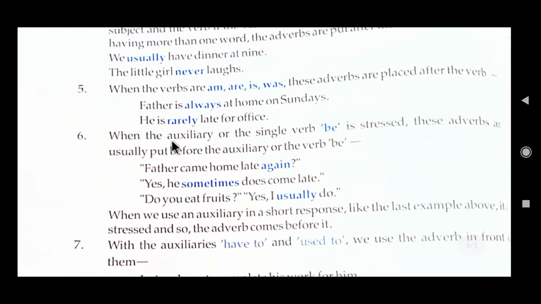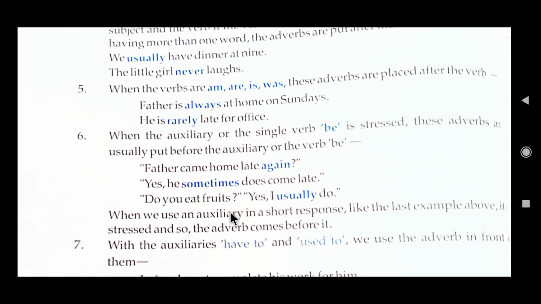Next, when the auxiliary or the single verb be is stressed, these adverbs are usually put before the auxiliary or the verb be. We know that be is a main auxiliary, and its basic forms are is, am, was, were. Whenever we have that be in the sentence, the adverb follows before it. Father comes home late again. Yes, he sometimes does come late.